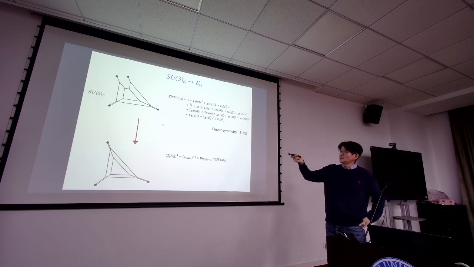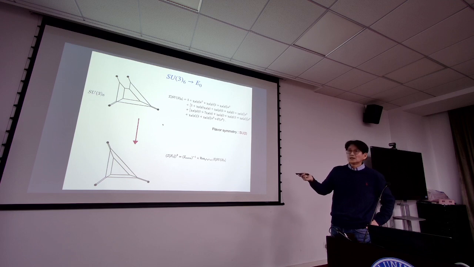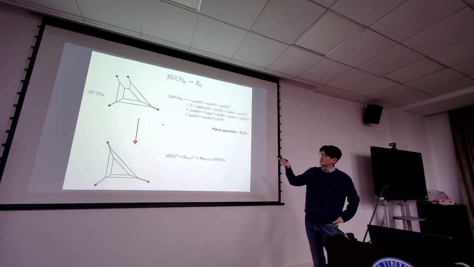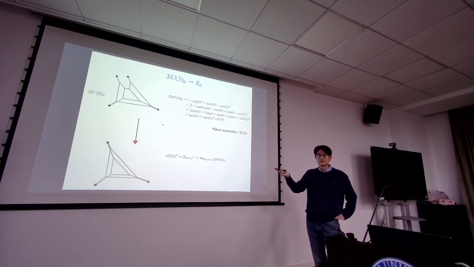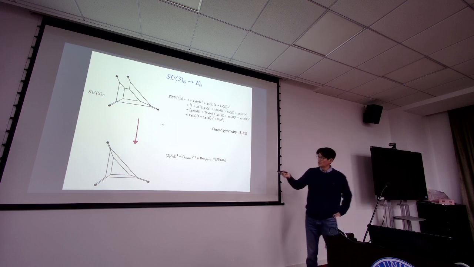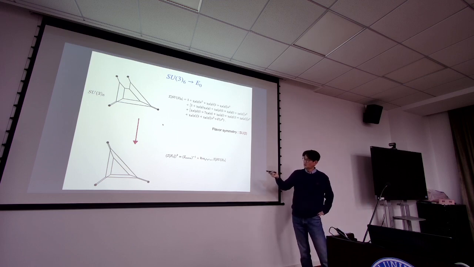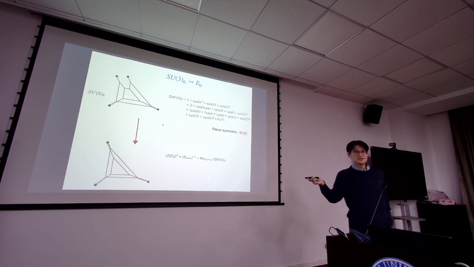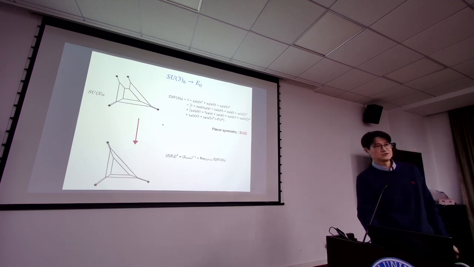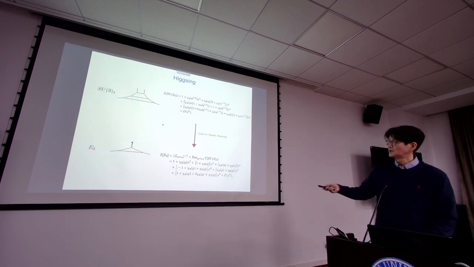Anyway, we do this Higgsing, and our expectation is that the index gives rise to the E0 index squared, after taking into account the Goldstone mode and the proper pole structure. We actually computed it, and we have the same result as before.